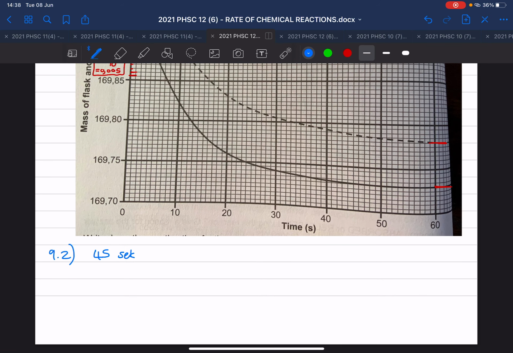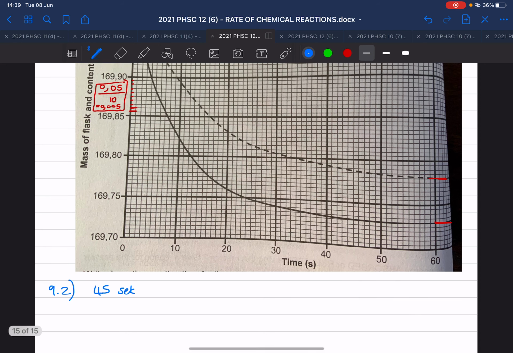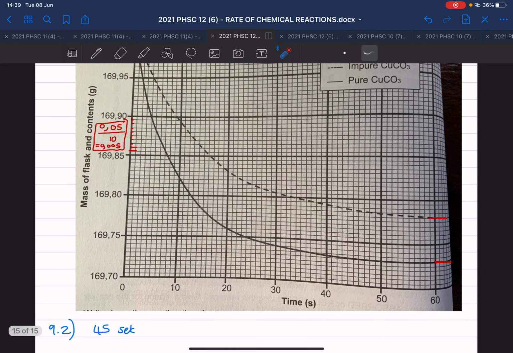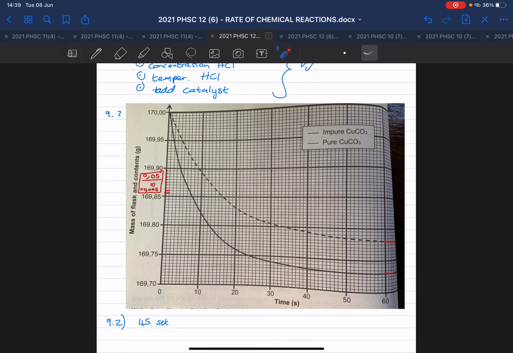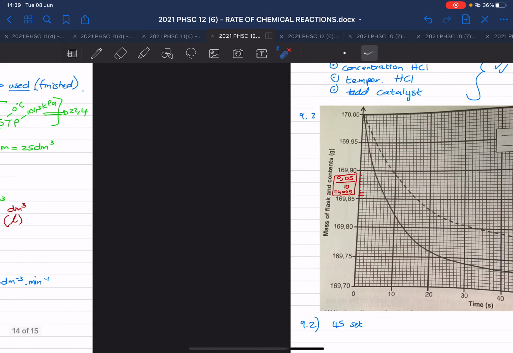Then they say, assume that all the gas formed during the two reactions escapes from the flask and that the impurities do not react. Okay, so why is that important? You can see that they end at different masses. So you can see they both start, then they end at different masses. So when it reacts, the mass becomes less. Why does the mass become less? Because there is a gas that is formed.